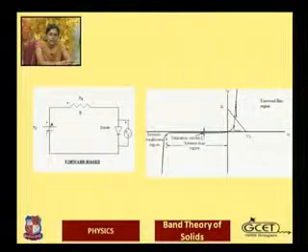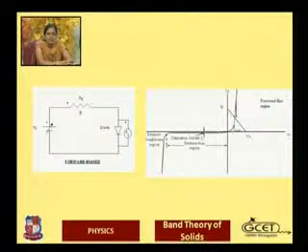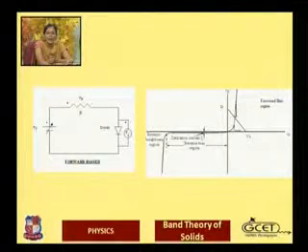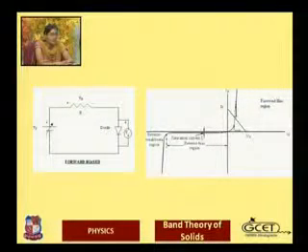Up to V cut-in, the diode is acting passively. Why passively? Because due to the external forward bias, the diode is giving some current. But after V cut-in, the diode is acting actively, and one can have a large amount of current in the output, right?